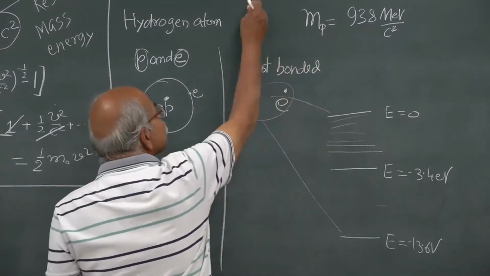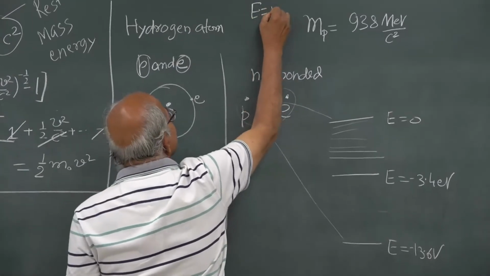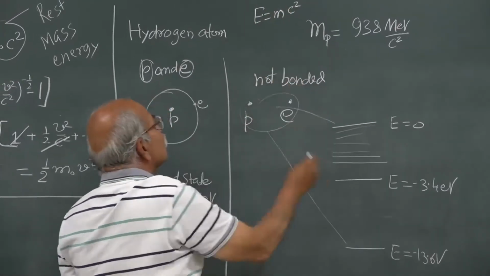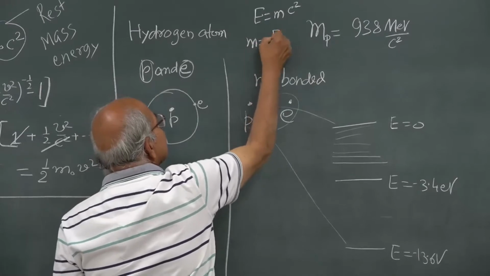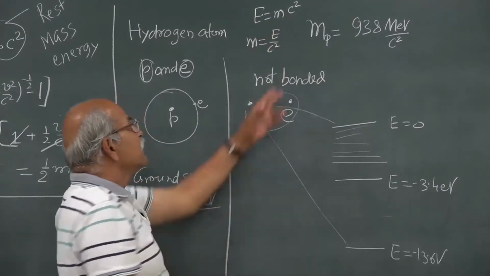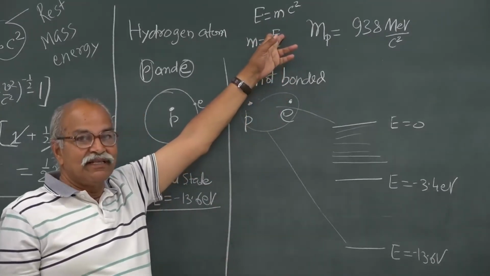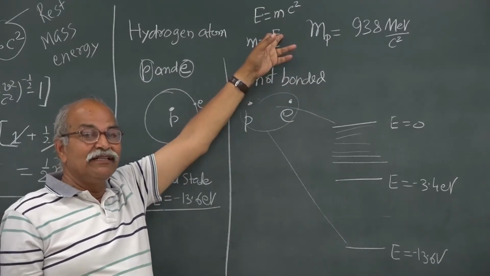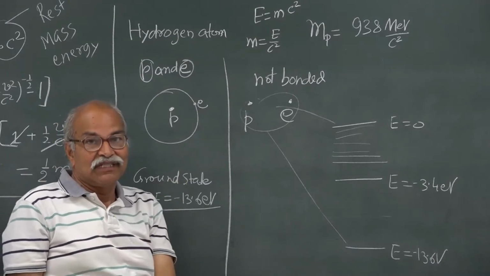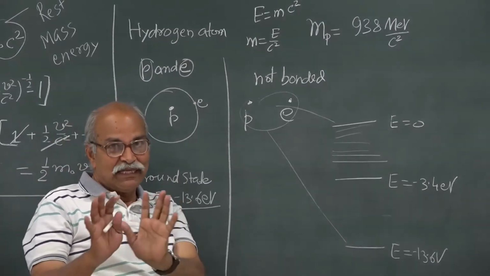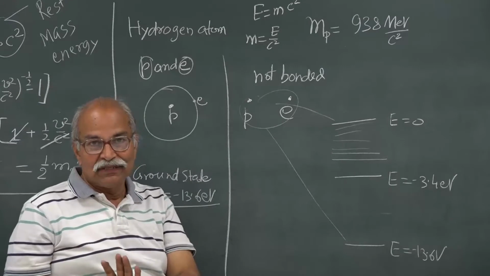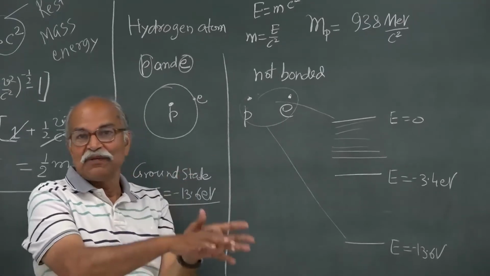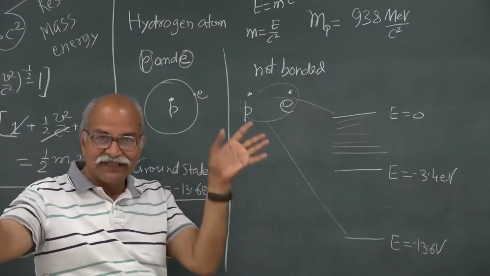You know, energy is E equals mc square. So, m is E by c square, and one unit of energy is electron volt. The SI unit is joule, but then you also talk of electron volt. So, you know how many electron volts will make 1 joule, or how many joules will make 1 electron volt, that conversion you know.